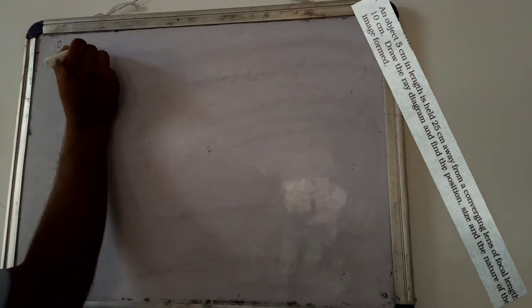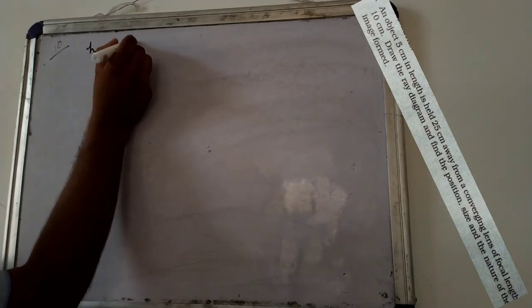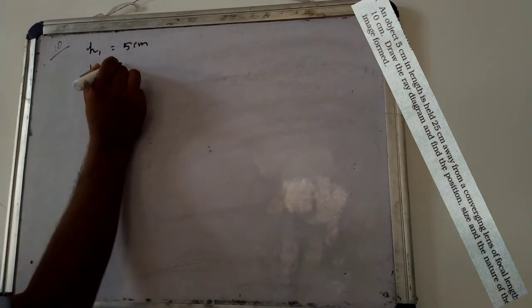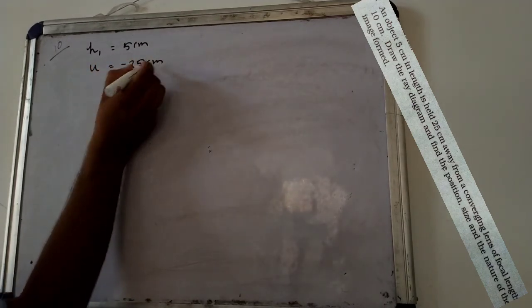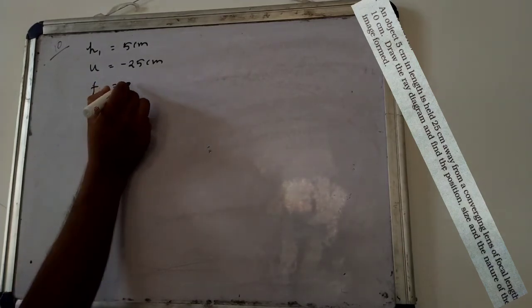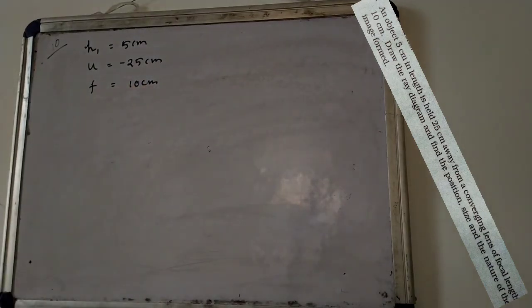That means object distance is given, and focal length is 10 centimeter. So size of the object is 5 centimeter, object distance is minus 25 centimeter and focal length is 10 centimeter. Here converging lens means convex lens, so that is why I am considering focal length as positive.